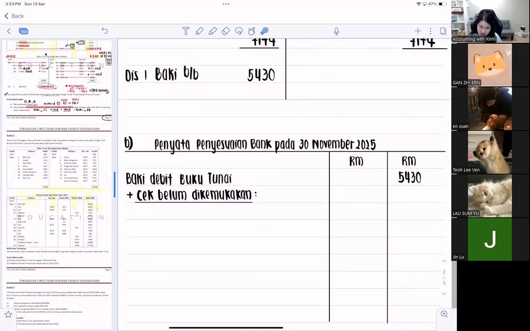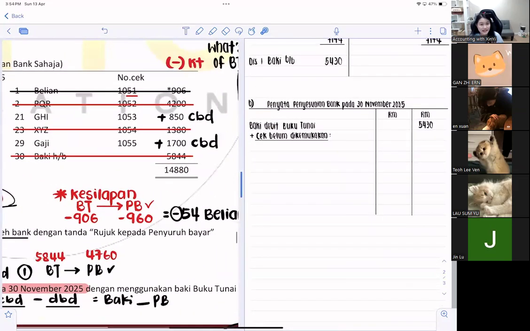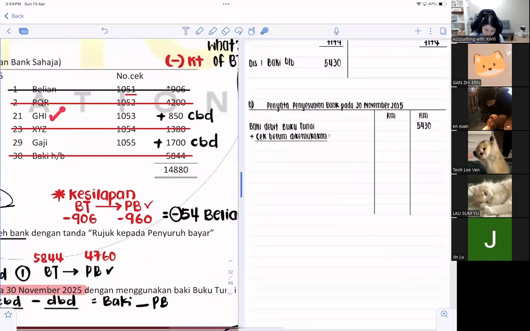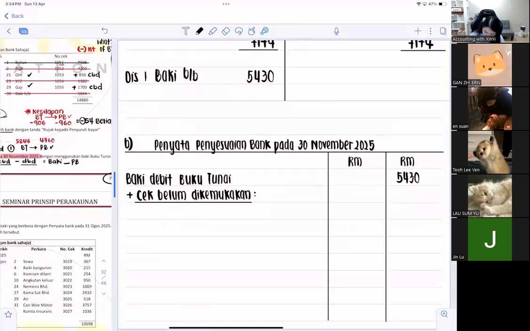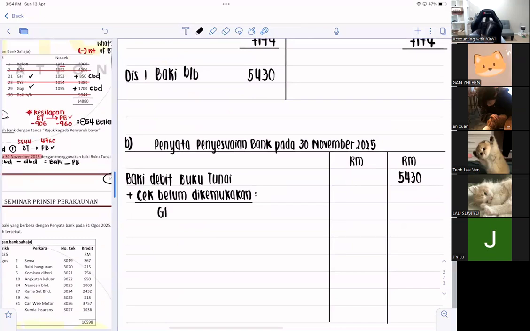Wow, so long to write. Somehow I have to write a butiran with an explanation. So the easier way in this chapter to write your CBD and the DBD is to put the factor as title and put whichever butiran relevant to CBD, which is the GHI and the gaji, below the CBD.